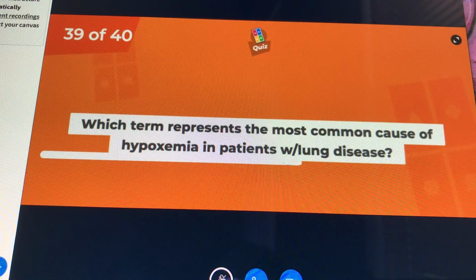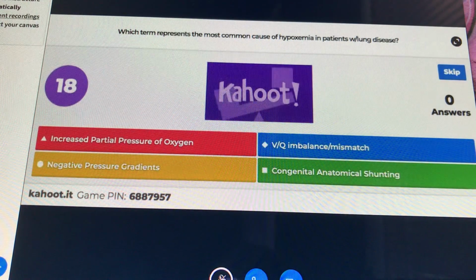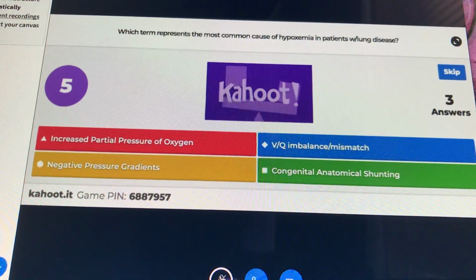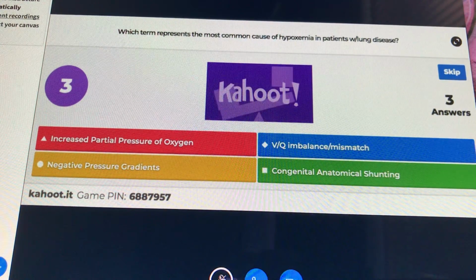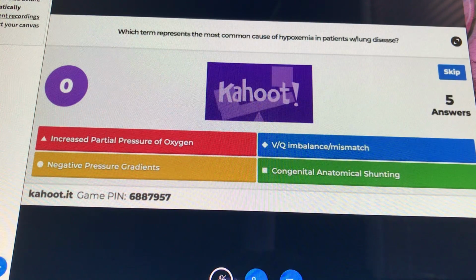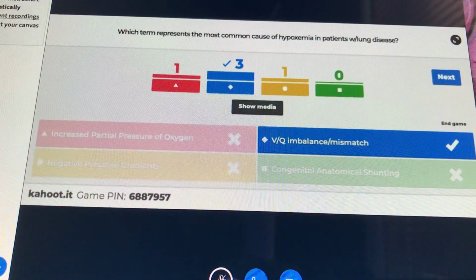Which term represents the most common cause of hypoxemia in patients with lung disease? Yeah, that would be a VQ mismatch or a VQ imbalance.